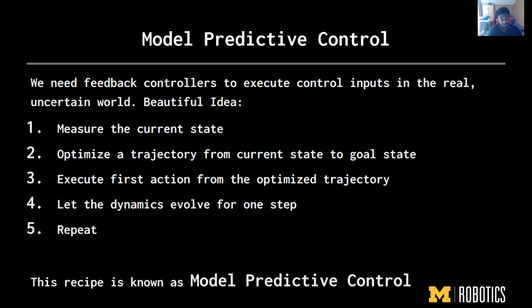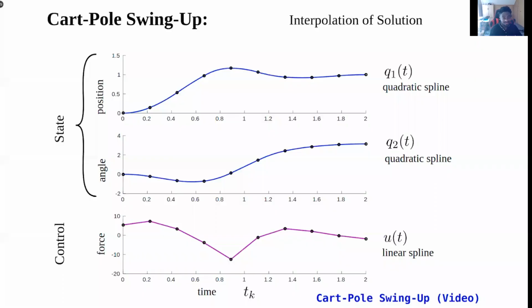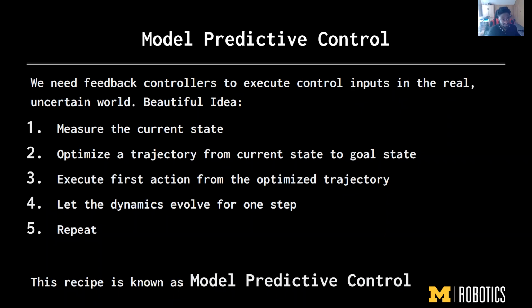So what we basically need to do is come up with a way of replanning or reperforming this trajectory optimization at every point, or come up with some way of robustly performing trajectory optimization in order to perform a real world task. And that's where model predictive control comes in. Model predictive control is basically replanning.